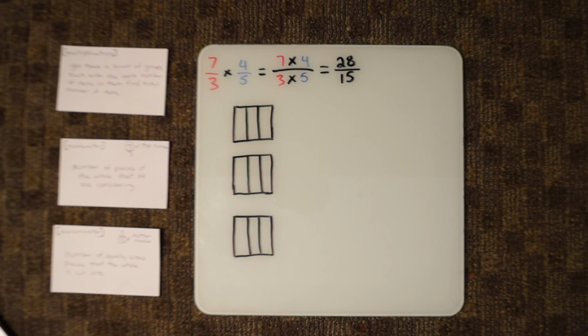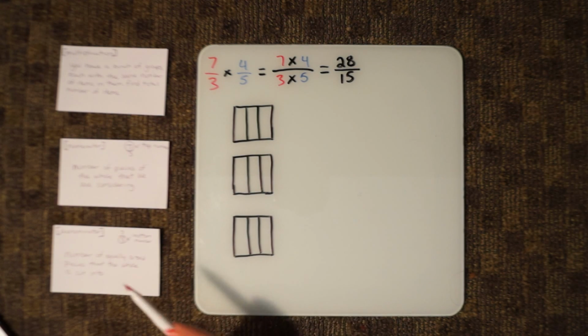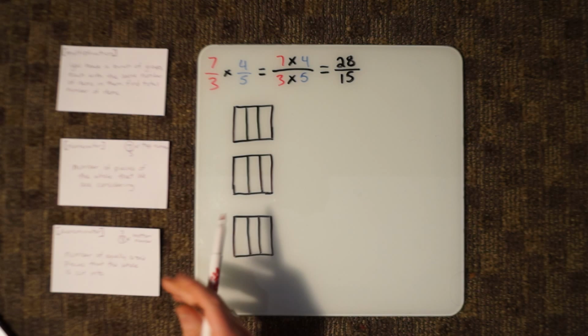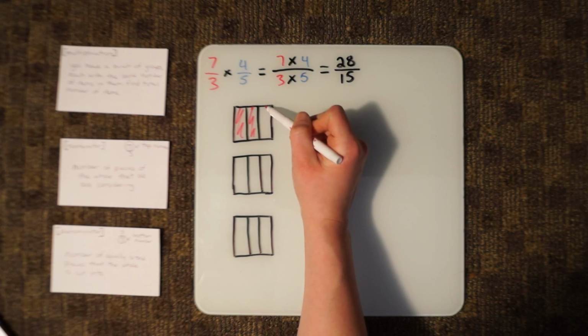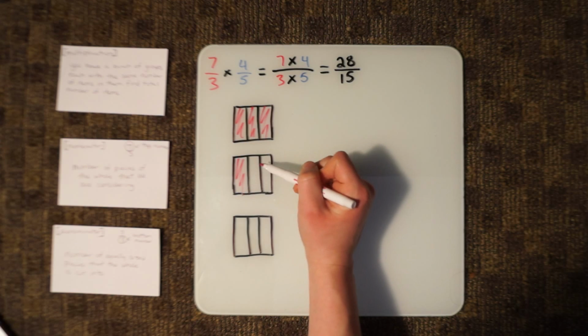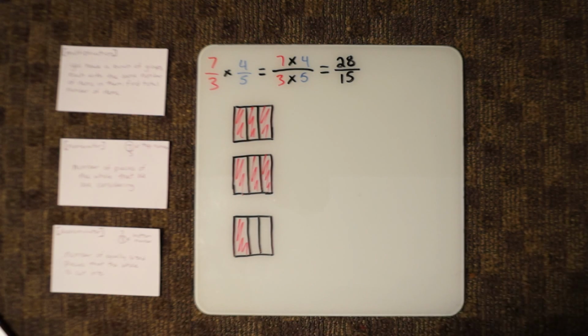Now our next step is to shade in 7 of those thirds, because that's the number of pieces of the whole that we care about. So 1, 2, 3, 4, 5, 6, 7.